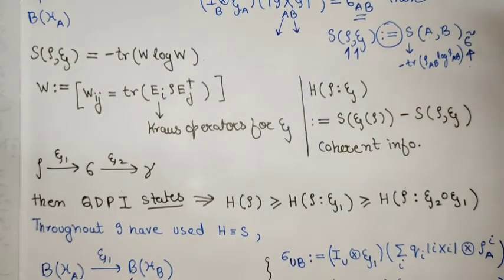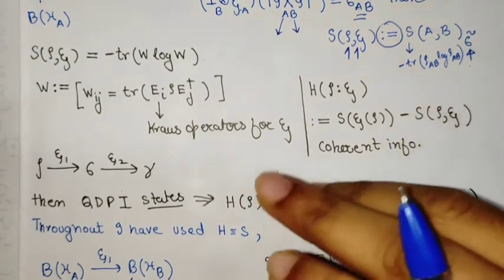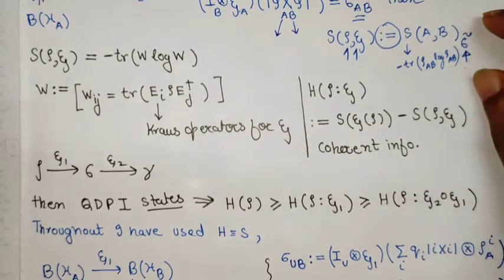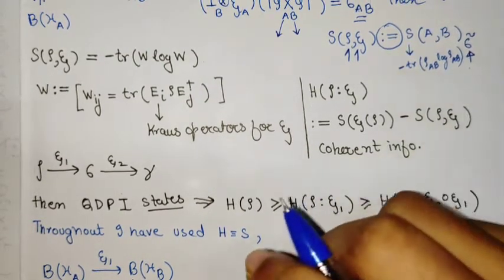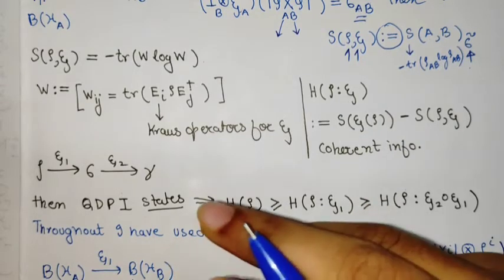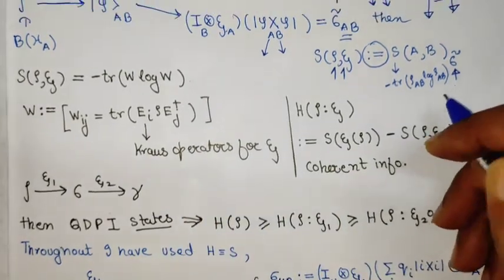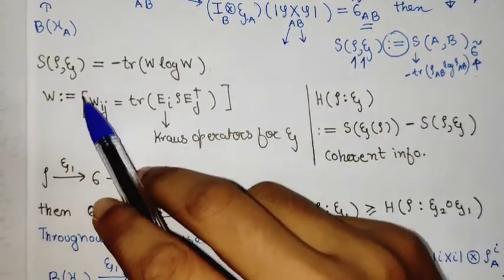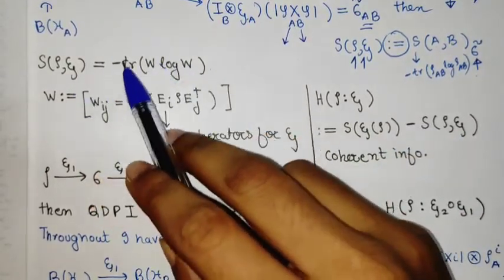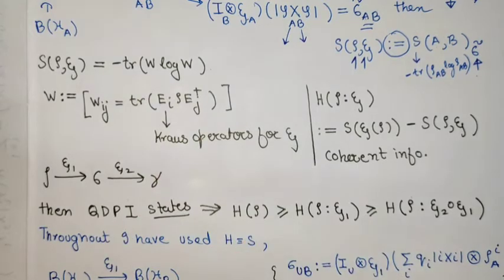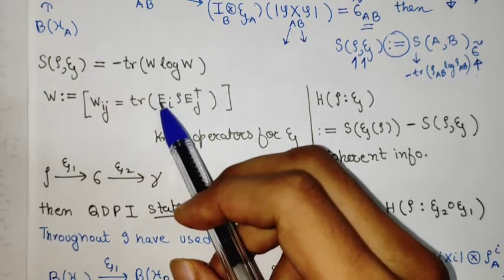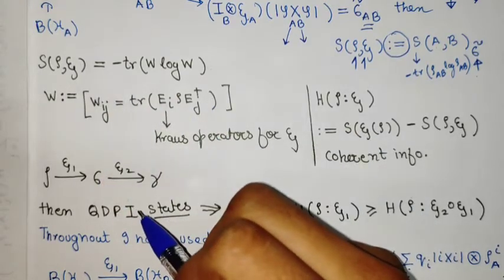So once you have defined this exchange entropy, or the entropy between a state and a quantum operation, we can massage this equation a bit, and what we get is that it can be written in the form of this particular matrix, where W is related to the Kraus operators of this CPTP map.